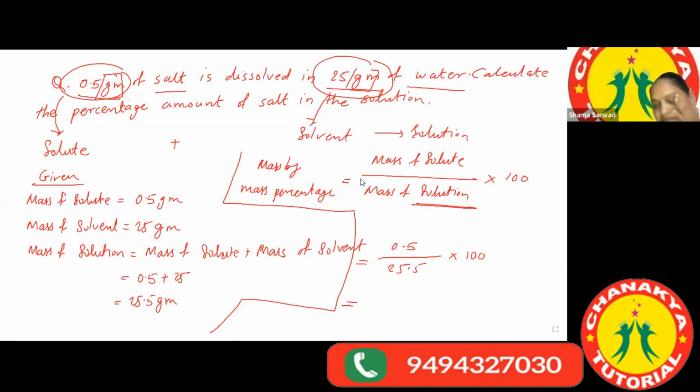Sampath, check it once, beta. The calculation is the same, but the decimal point, where you give it, that matters. Your answer would be this.